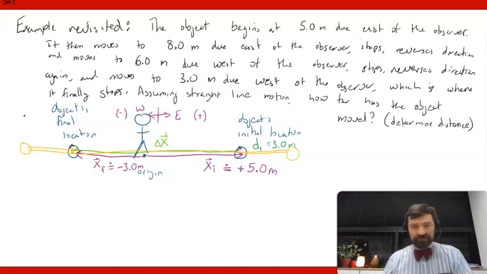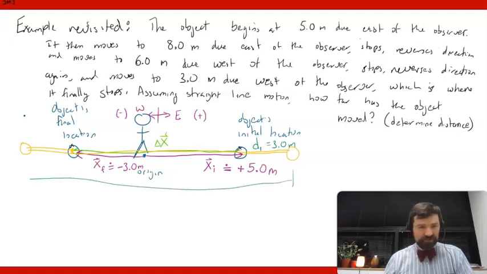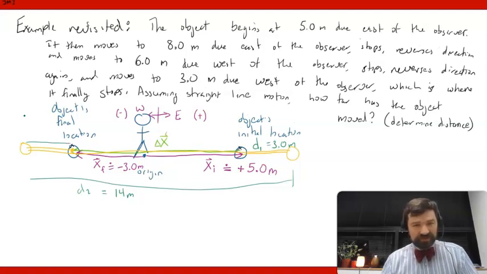Then from plus 8 to minus 6, we could call this distance d2. So d2 is 14 meters. And then from here to the final location, from 6 to 3, d3 is 3 meters.